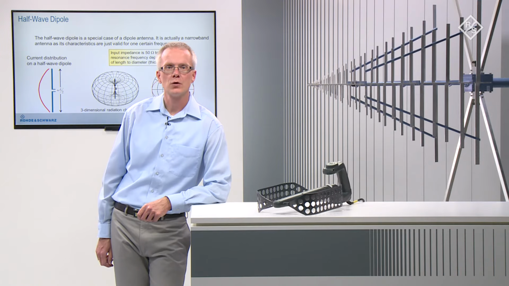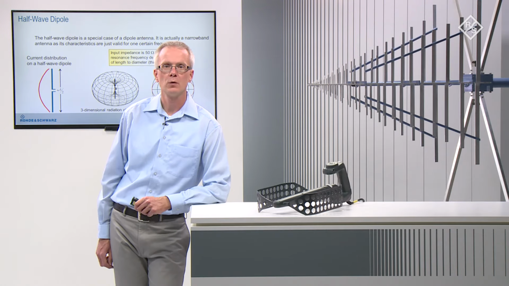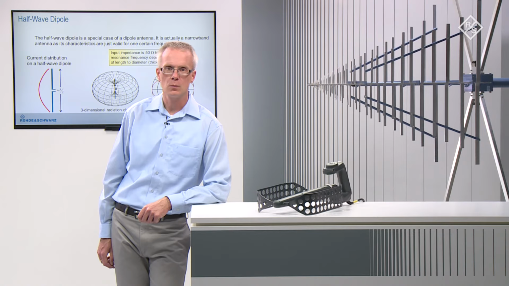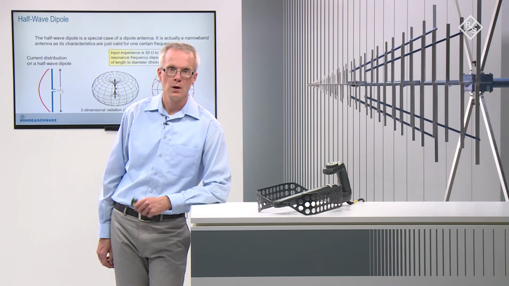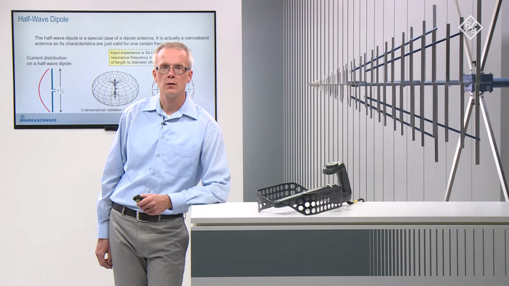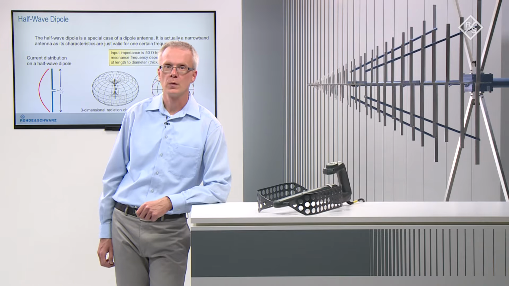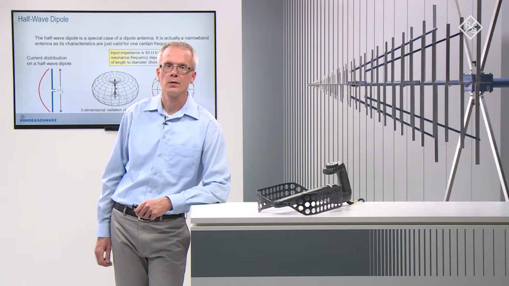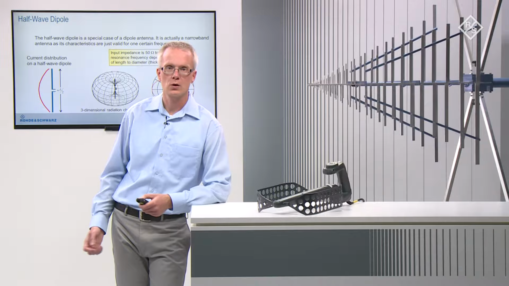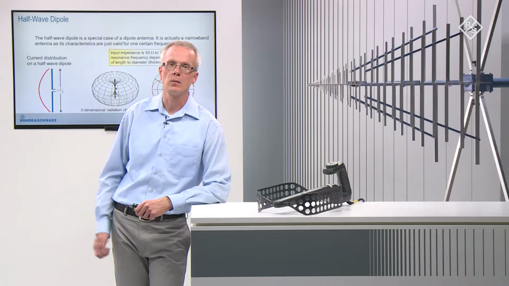Its physical dimension is slightly less than half a wavelength, and the corresponding input impedance at resonance ranges between 50 and 70 ohms, depending on the ratio of length to diameter, which is also called the thickness of the dipole. Such an impedance allows a direct connection of a coaxial cable with a common cable impedance.